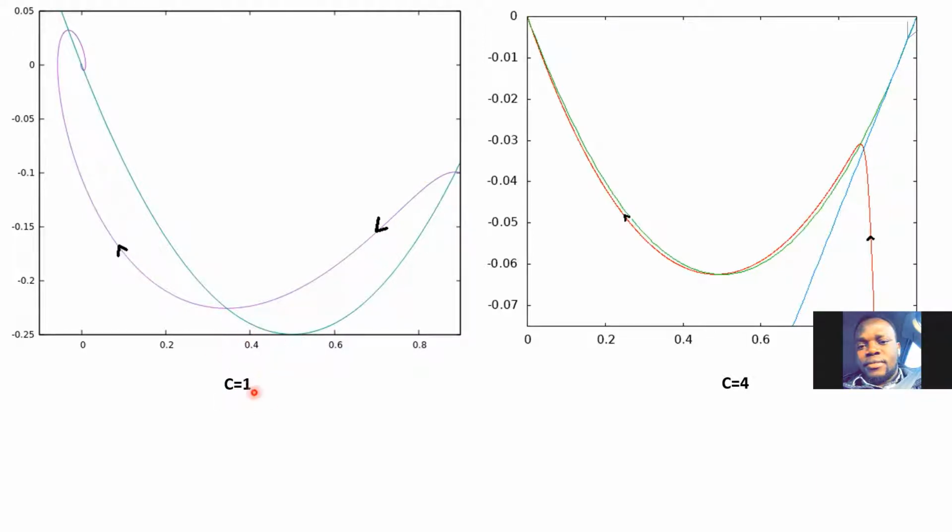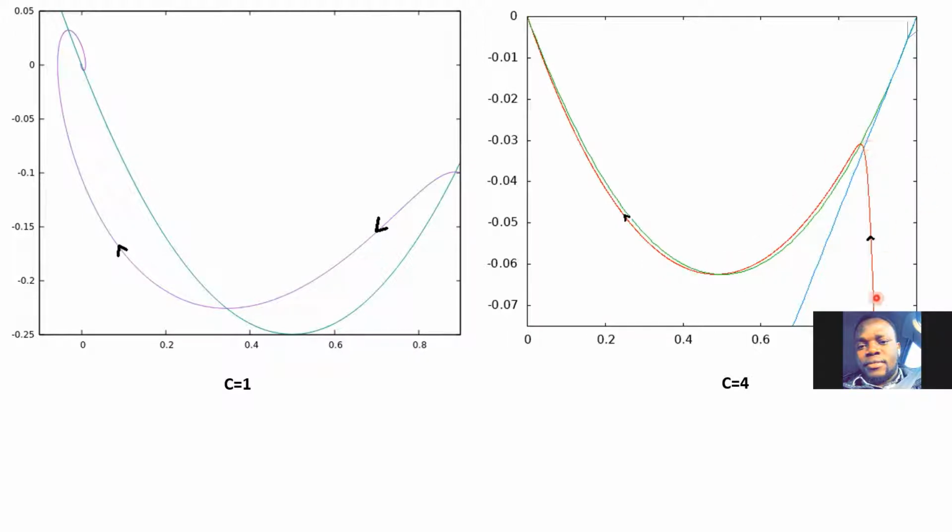We illustrated other solutions last time for c even smaller, and the trajectories were rotating more. Then we have the other case, a typical case of c greater than 2, where (0,0) is now a stable node. Just to remark, it's like a slow-fast system because the trajectory follows quite closely the null line.